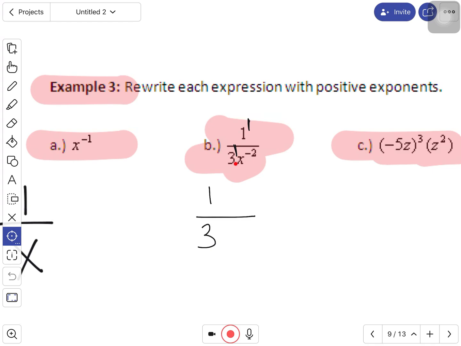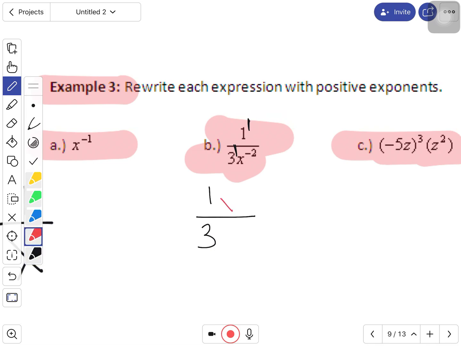It's going to need to move. And since it's negative in the downstairs, to make it positive, we just move it upstairs. So that x to the second actually has to pop up on top. So this guy here is just 1x squared over 3, or some people would write it as x squared over 3. Either one of those two is great. But notice the 1 and the 3 stay put.